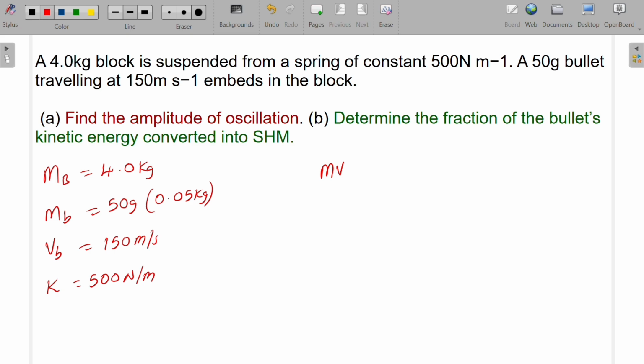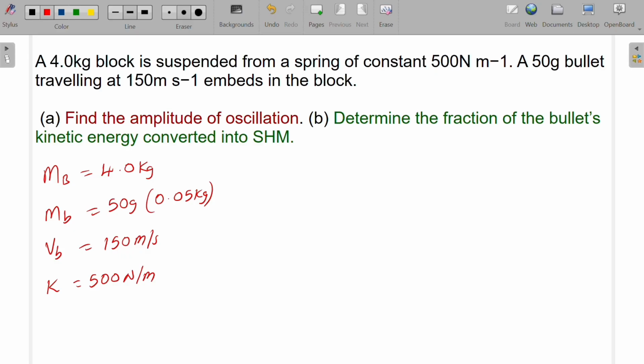So in this case, we are talking about the momentum of the bullet being conserved, also the momentum of the block being conserved. So our formula will be the sum of the momentums that we have at the beginning must be equal to the sum of the momentum that we have at the end.